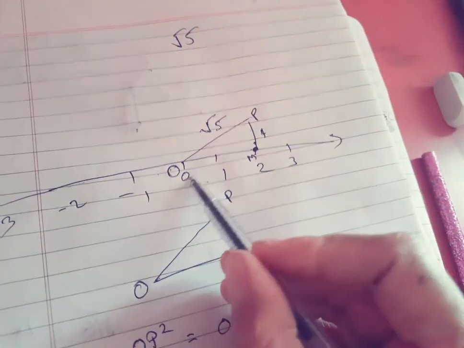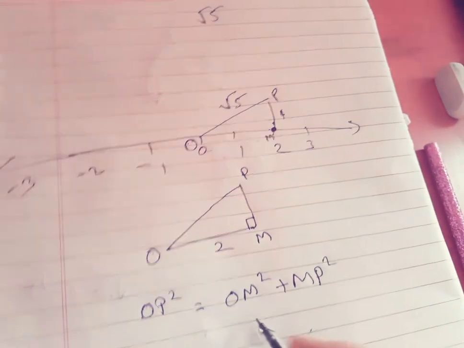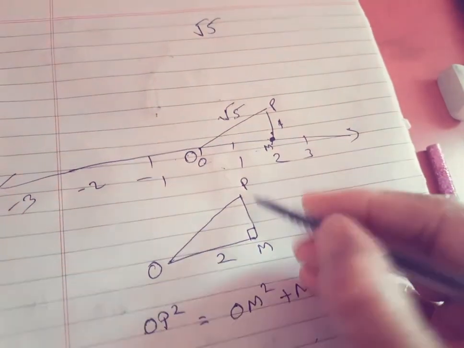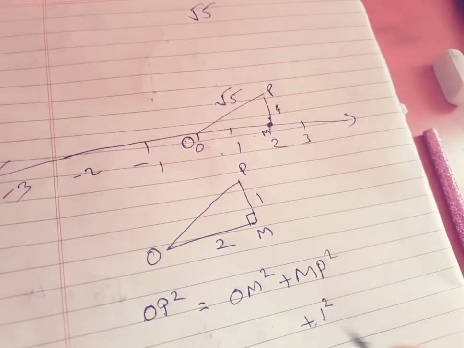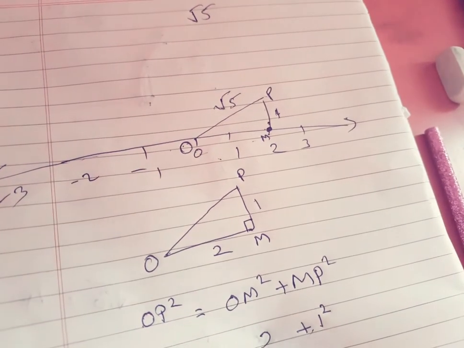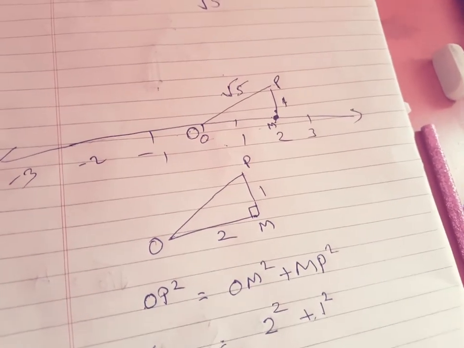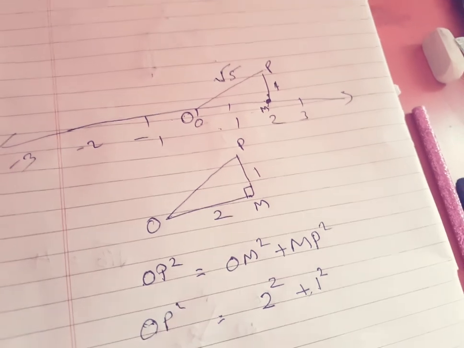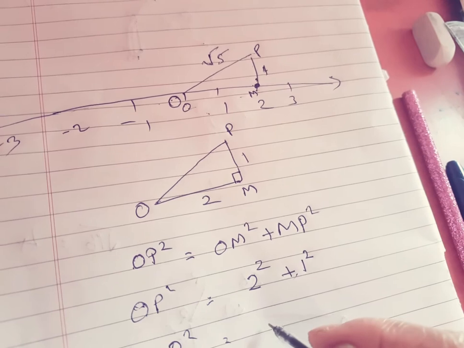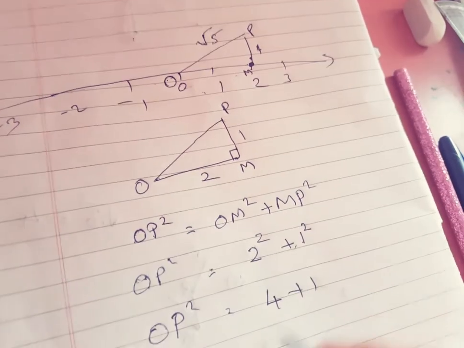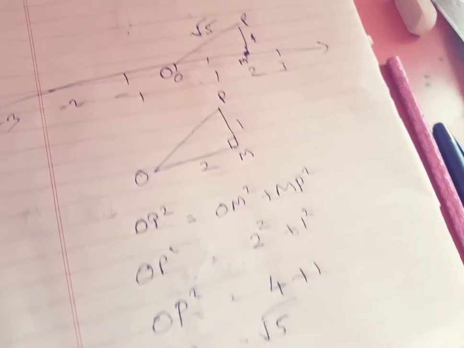OM we know, OM is this distance, that is 2. MP is 1. So 1 square plus 2 square is OP square. So OP square equal to 4 plus 1, that is 5. Therefore we got OP as root 5. Clear?